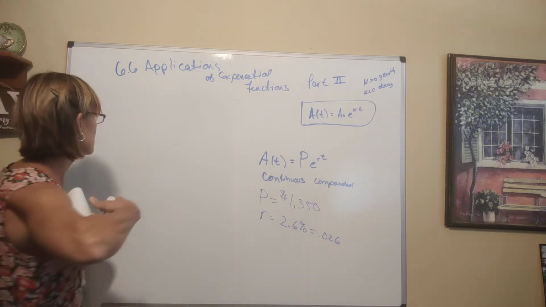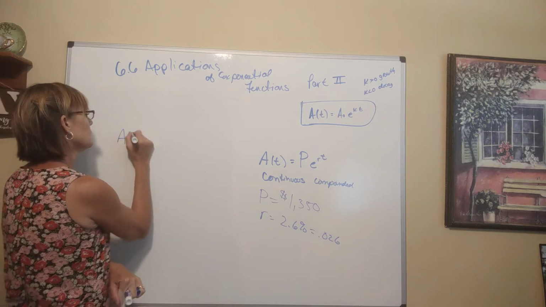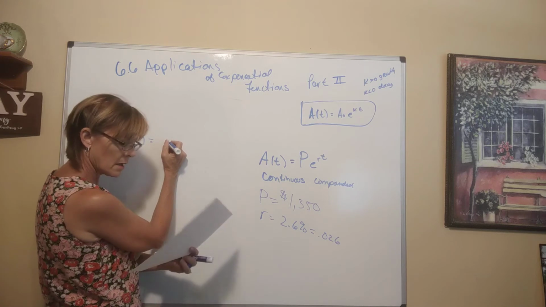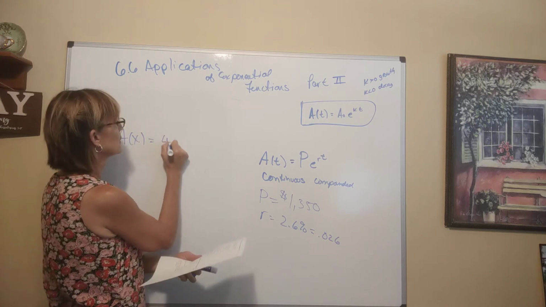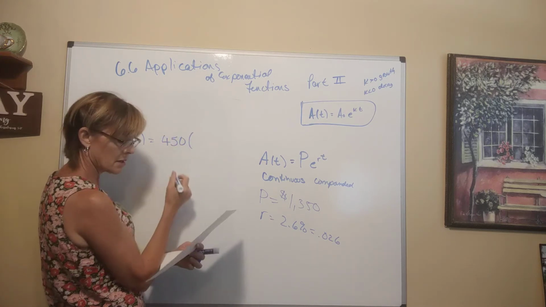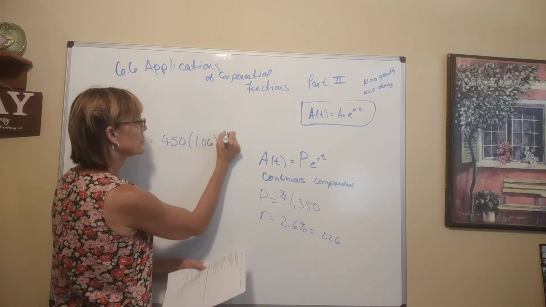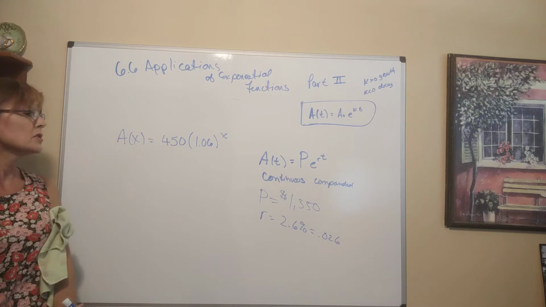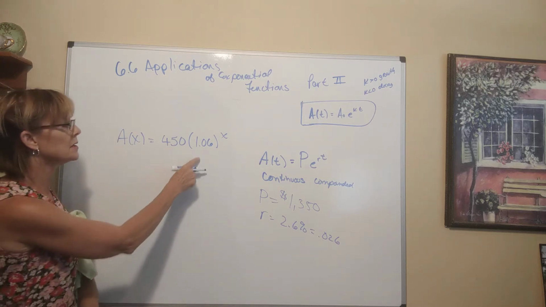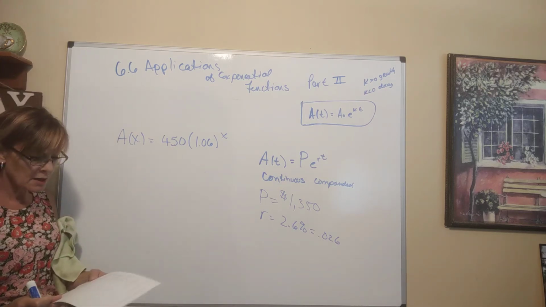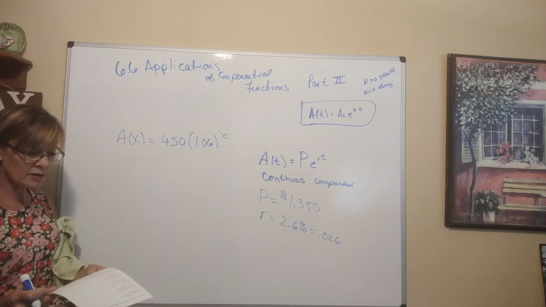A of X is 450 times 1.06. This is the base in this example, raised to the X. This is an exponential equation, and so this is one where they didn't use E as the base. That's fine. It says how much is in the account after 2 years.